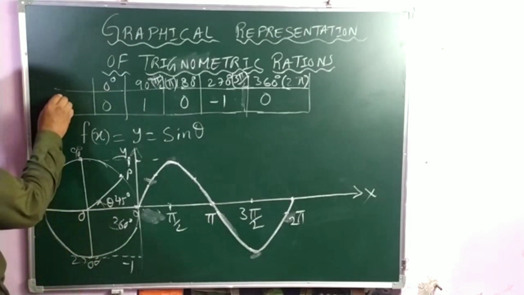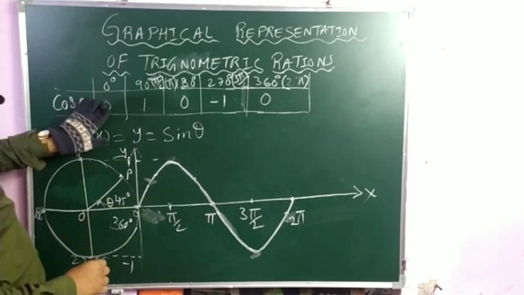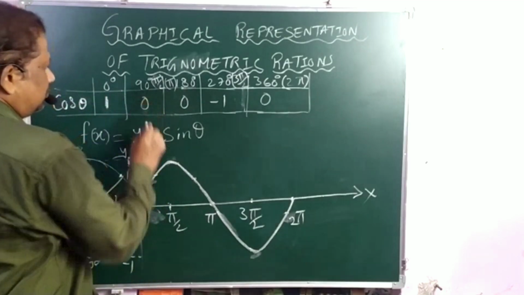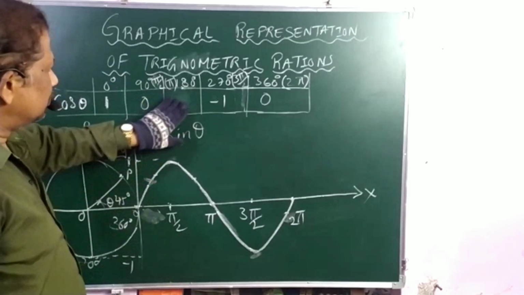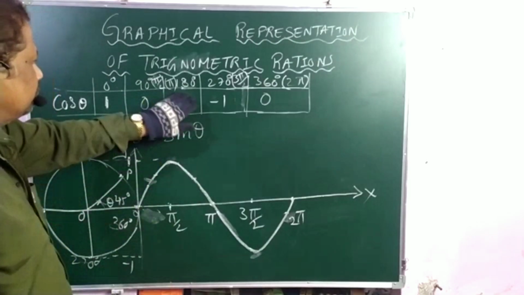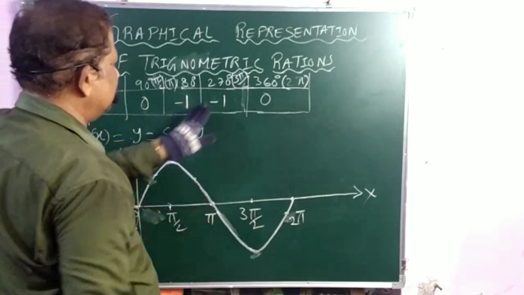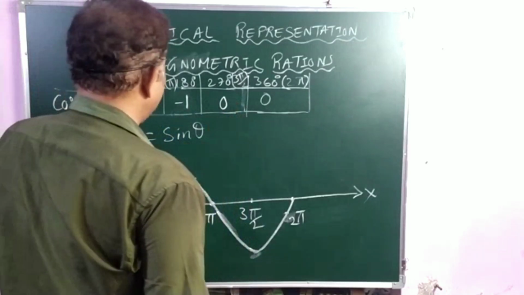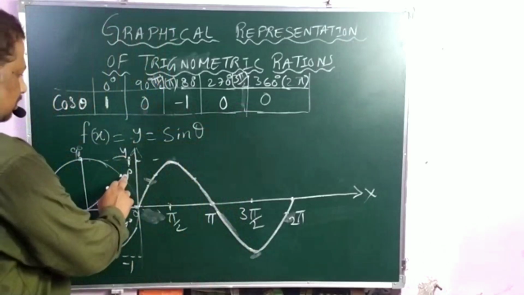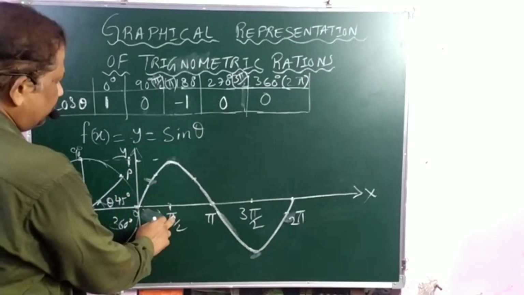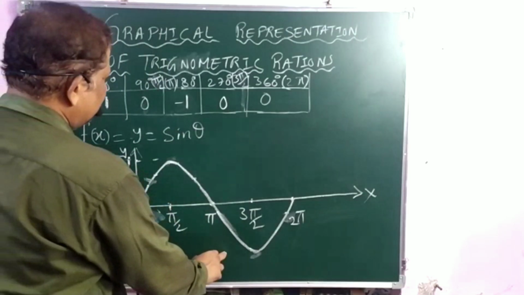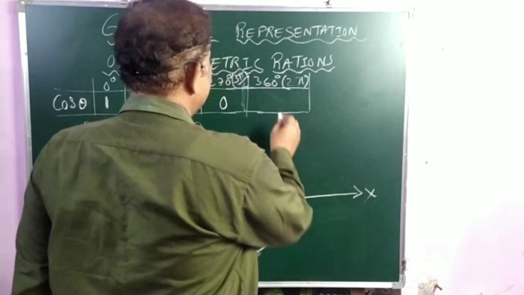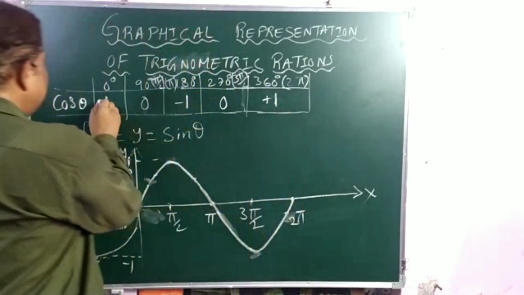So if we take cos theta, cos 0 is 1, cos 90 is 0, cos 180 is minus 1, cos 270 is 0, and here cos 360 is plus 1. So it starts from 1, for 90 it is 0, 180 minus 1, 270 0, and plus 1.